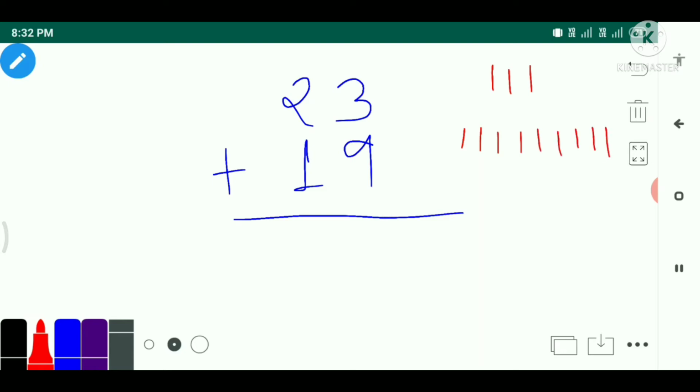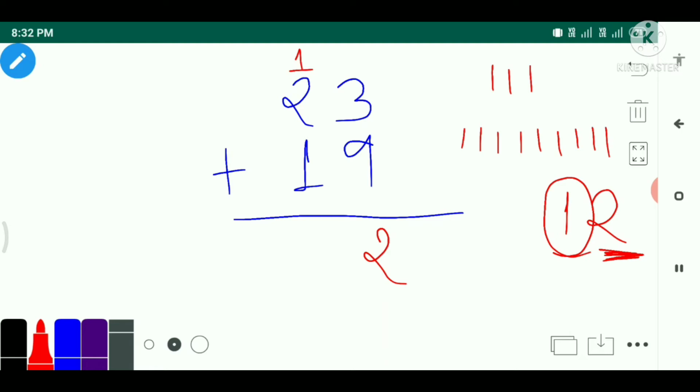So total how many lines are there? 12, right? So now we'll write the last digit 2 in ones place and we'll move this one to tens place.